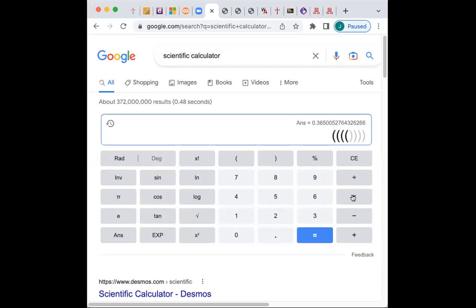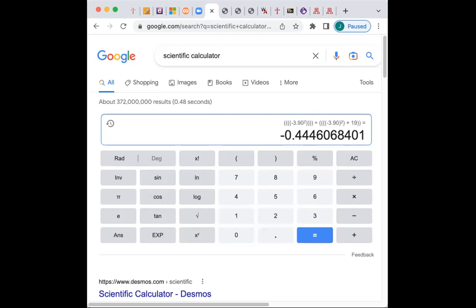And then the brackets. Does that make sense?